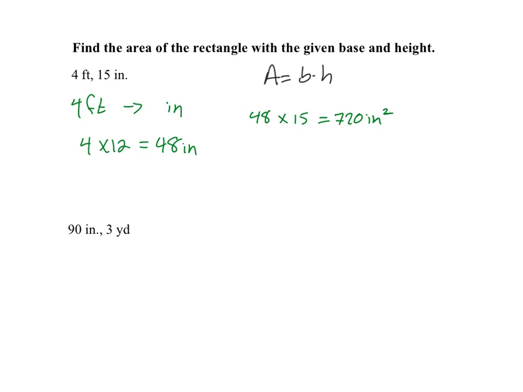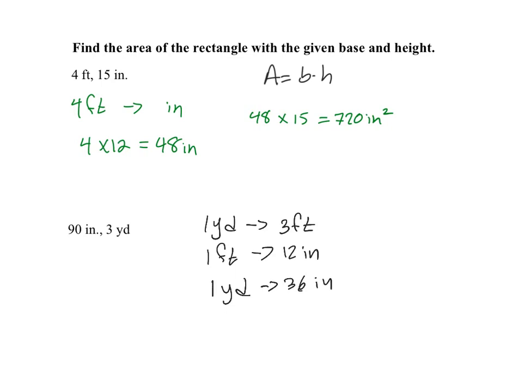Okay, the next one. We know that in 1 yard there are 3 feet, and in 1 foot there are 12 inches. So that means that in 1 yard we have 36 inches. So I'm changing 3 times 36, 108 inches.